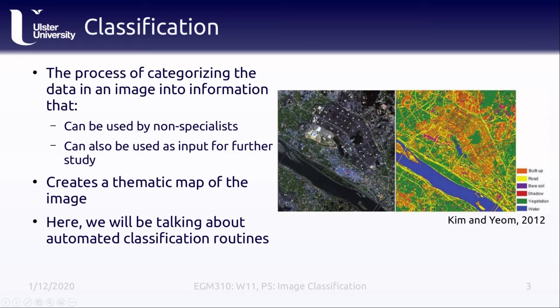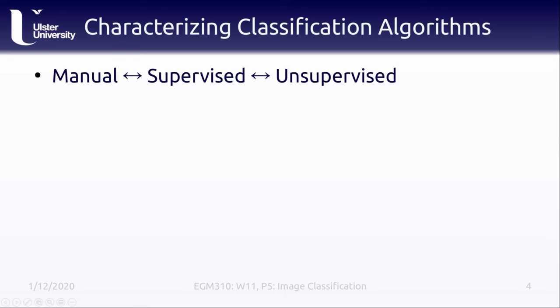We're going to be talking about automated classification routines here. That is how we can make the computer do a lot of the work for us. There are a number of different ways that we can characterize different algorithms. We've already seen one of these ways in the second practical. We can do a manual classification, whereby we manually identify every pixel in an image.